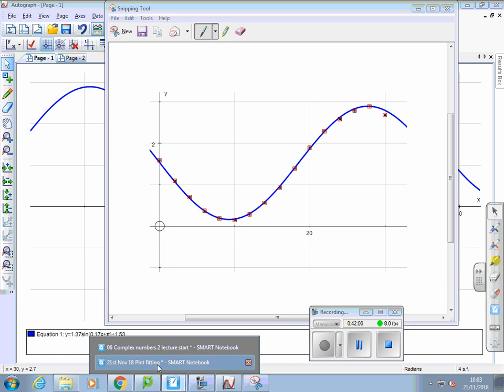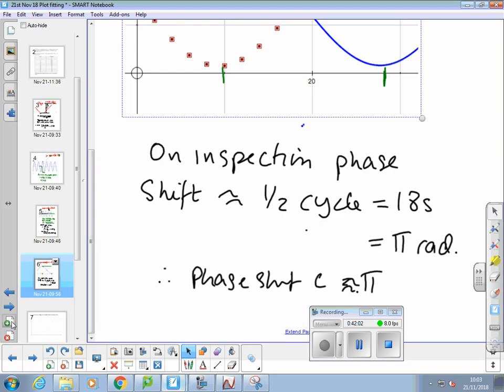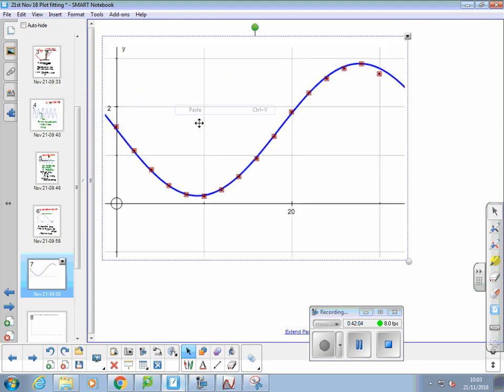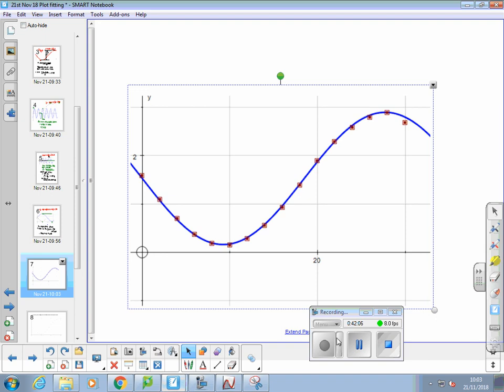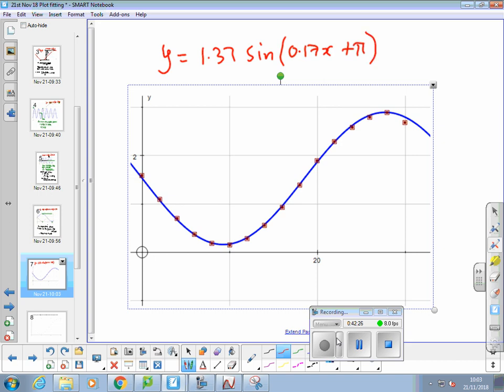and go to here. Add that graph. And our function is y equal to 1.37 sine 0.17x plus pi, plus 1.53.